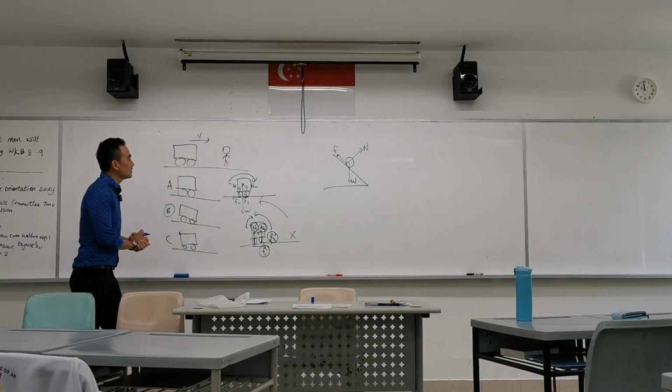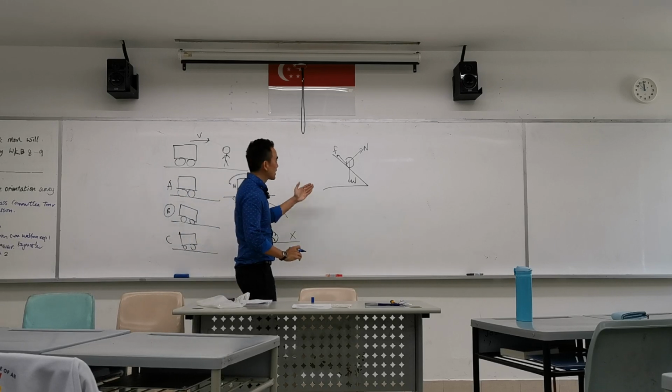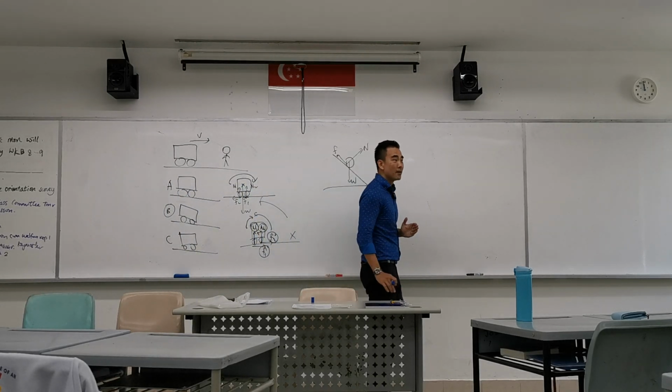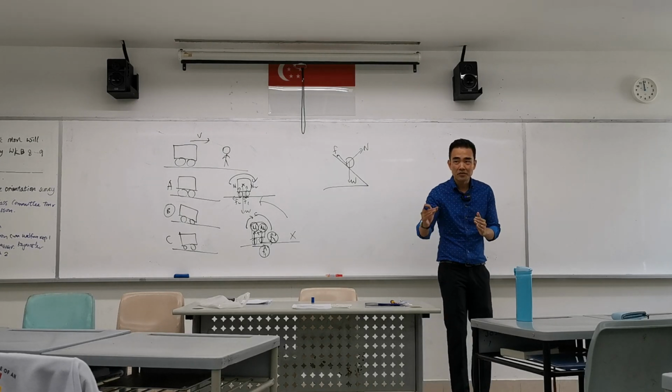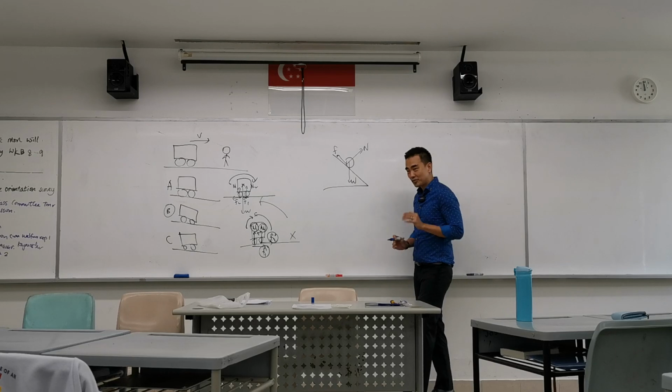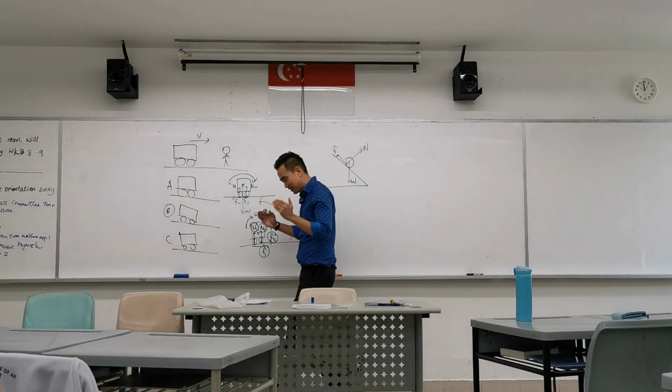Okay, so these three forces, can I challenge you to draw them in a vector diagram, showing how these three forces add up to give you zero force? Let's see whether you know how to draw a vector triangle.